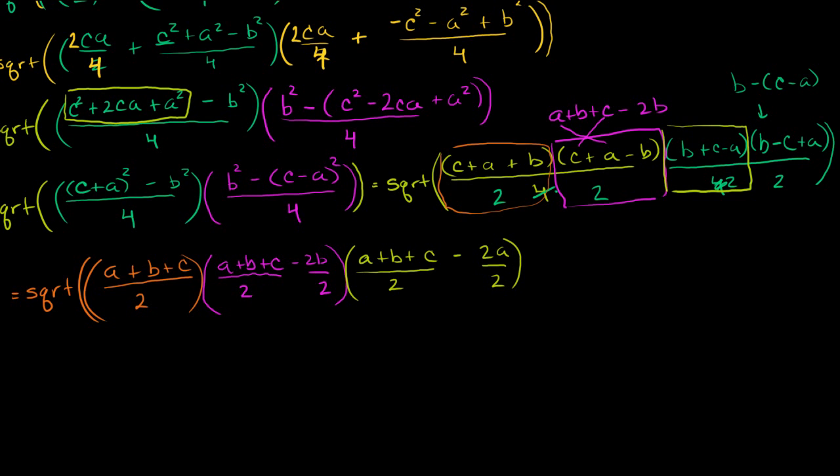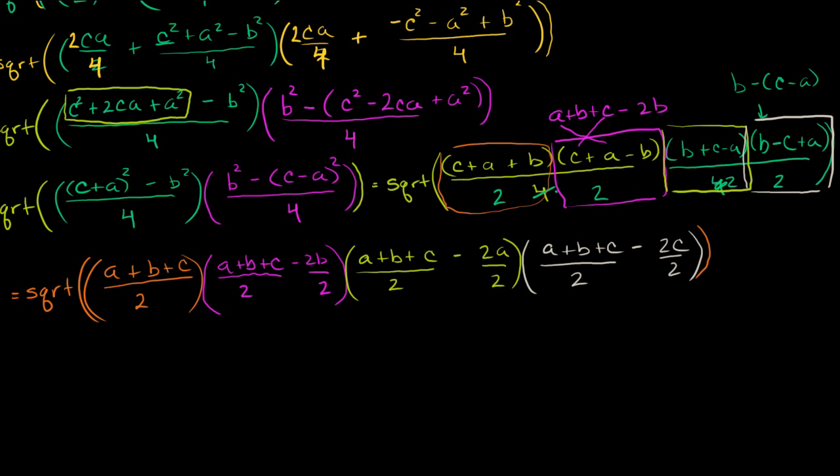And then one last term, and you might already recognize Heron's formula popping up. That term right there is the exact same thing as a plus b plus c minus 2c, right? You take 2c away from the c, you get a minus c, and then you still have the a and the b. And then all of that over 2. You could write that over 2 minus that over 2. And of course, we're taking the square root of all of this stuff.